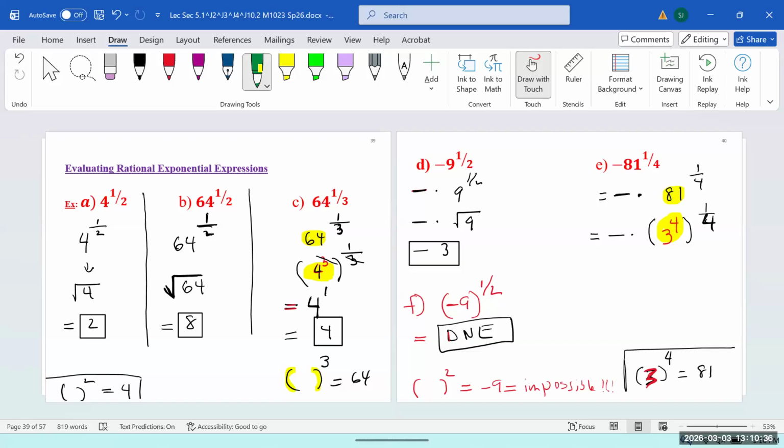So what we do, we rewrite our base using this denominator so that this power and the denominator cancel one another. So no more denominators and we are happy. We have negative times, what is our base? 3 and our power is 1. In other words, what is our final answer? Negative 3.